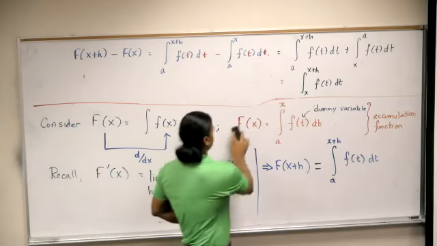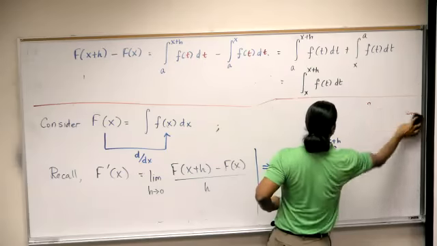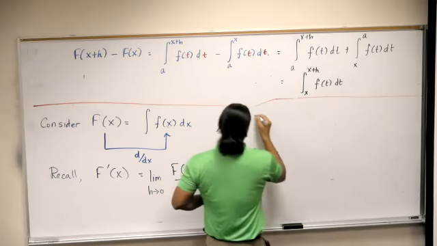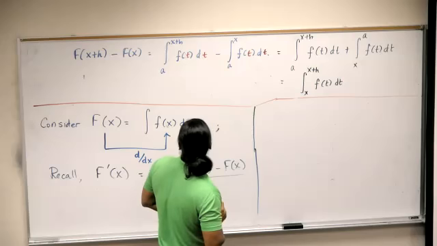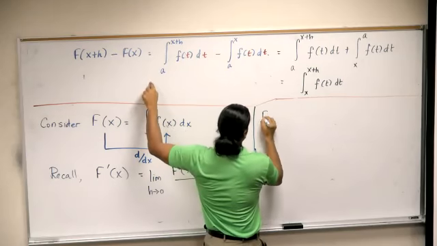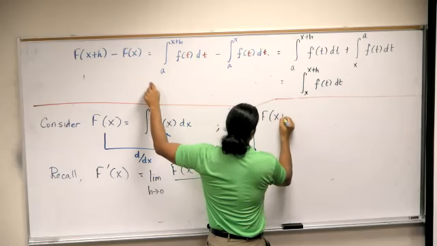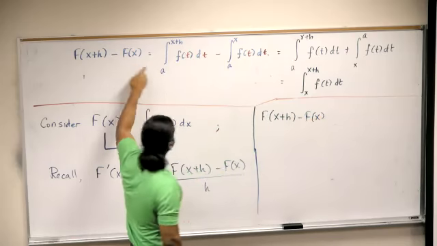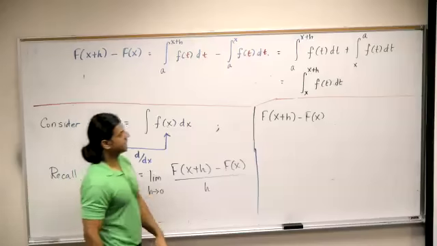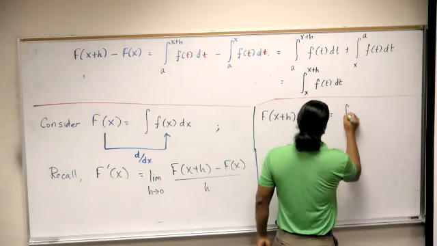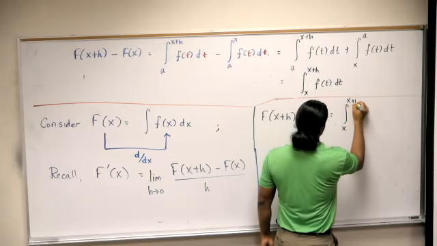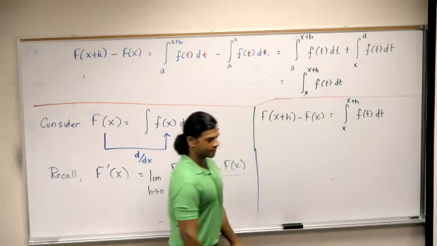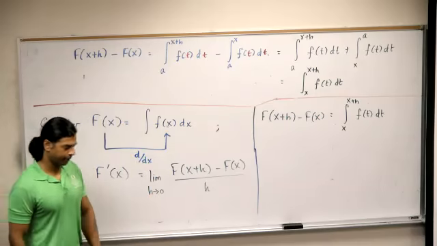I am going to erase that. I know what F of x plus h minus F of x is in terms of that integral. And now I'm going to divide by h on both sides.